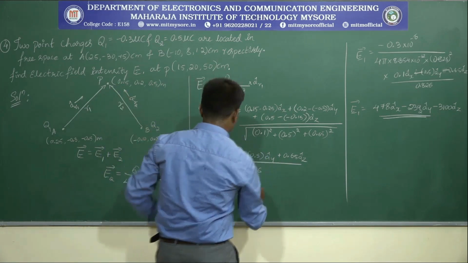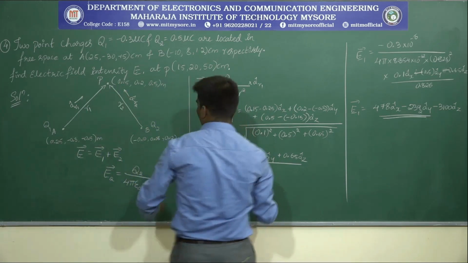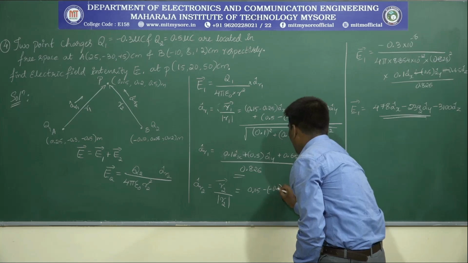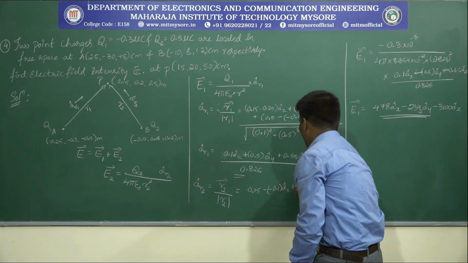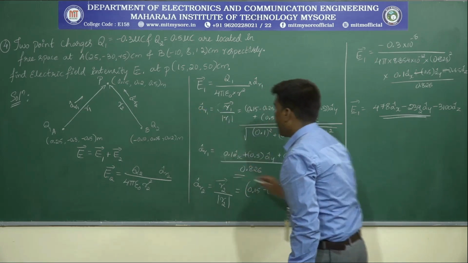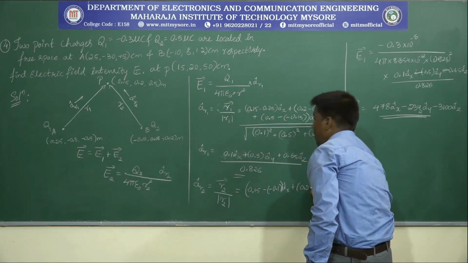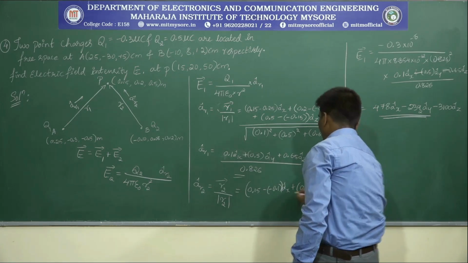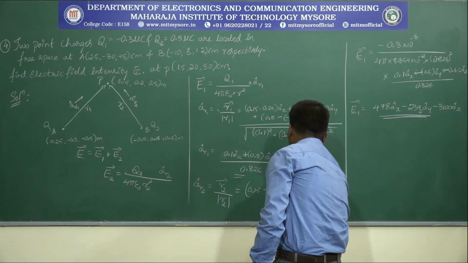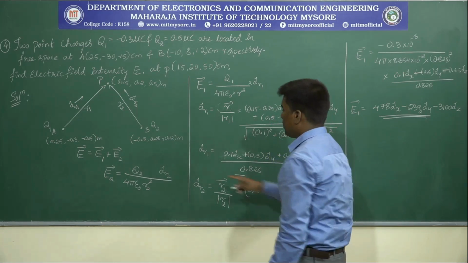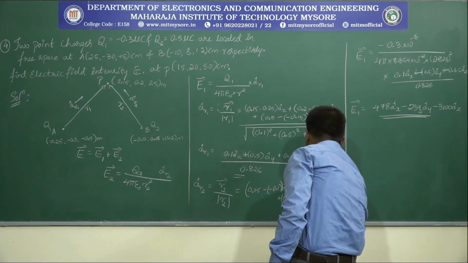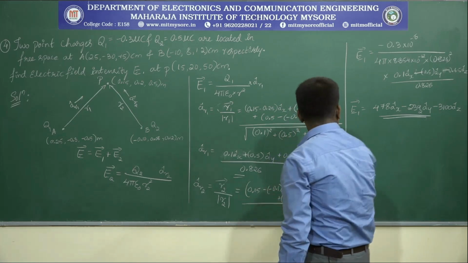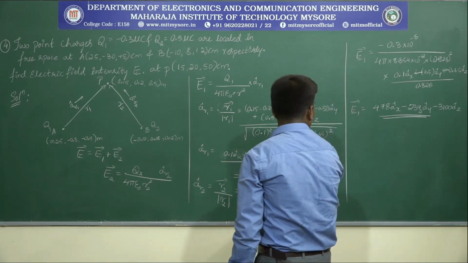Tip minus tail, that is (0.15 minus of minus 0.1) A cap x plus (0.2 minus 0.08) A cap y plus (0.5 minus 0.12) A cap z, whole divided by the square root of all these things.